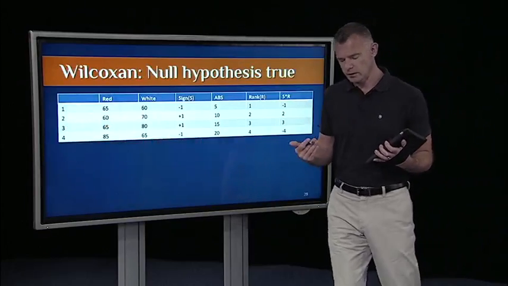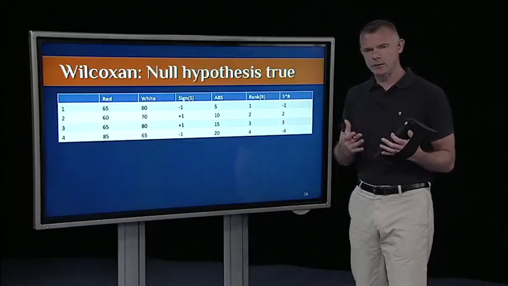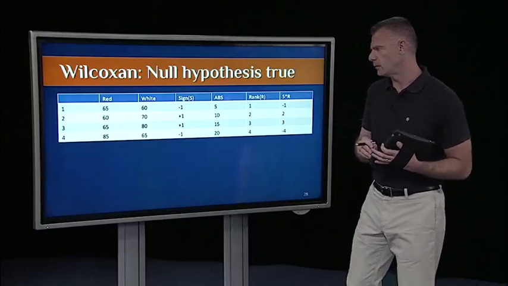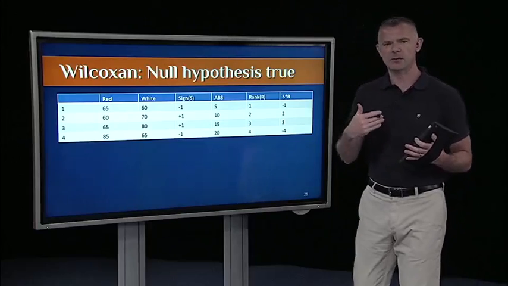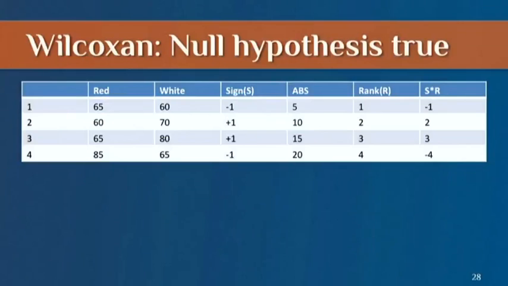The way this works sounds a little convoluted at first, but let me walk you through an example, or 2 quick examples by hand, and I think it becomes rather intuitive. Remember, it's sometimes known as the signed rank test. What that means is, I just listed out a few rankings here, and this is an example where the null hypothesis would be true.